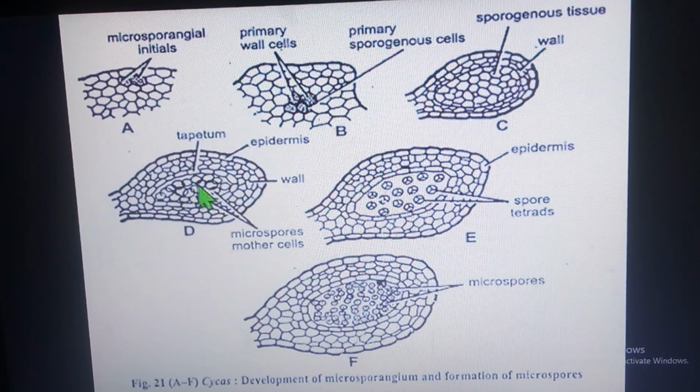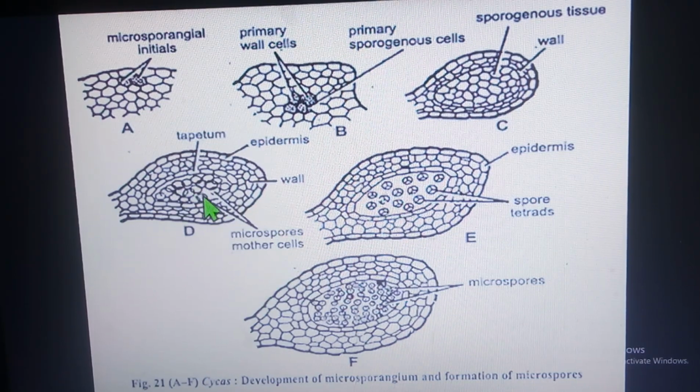Now, what are these cells inside? Some of the sporogenous tissue will become enlarged, or increase in size, and they will become the spore mother cells, the microspore mother cells.